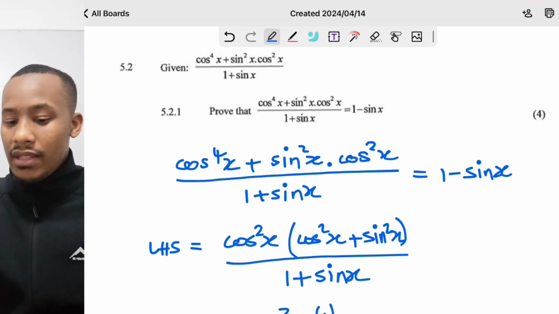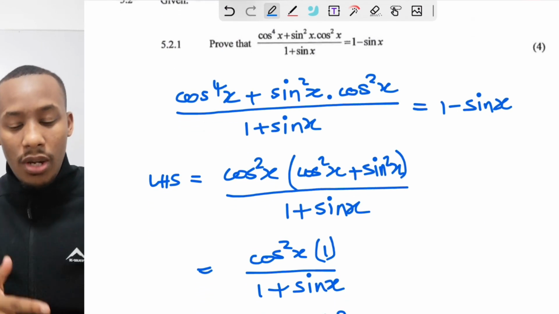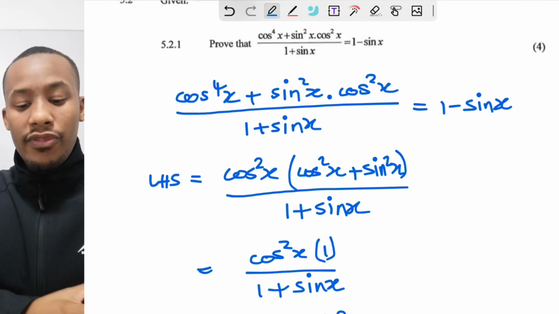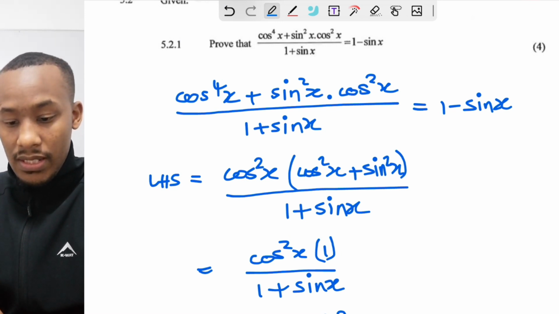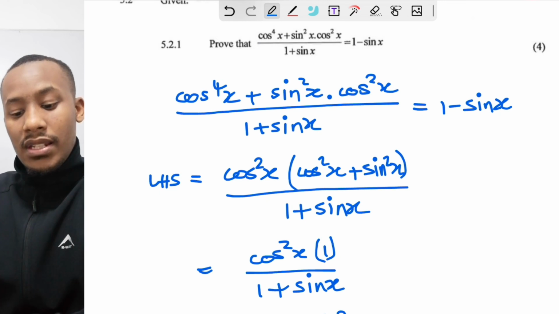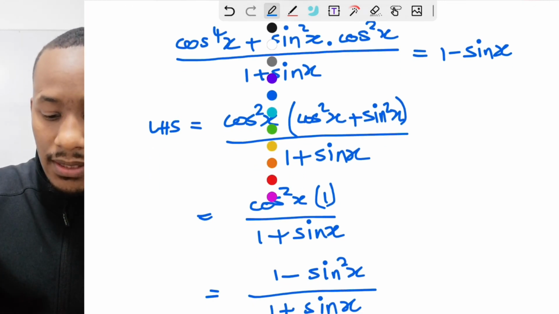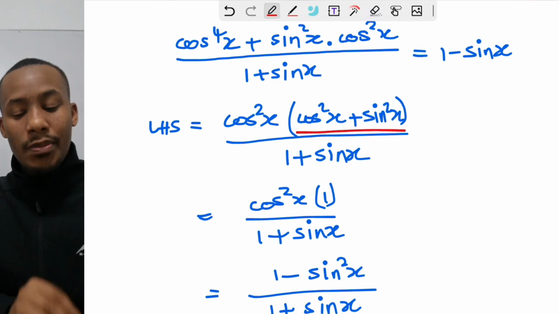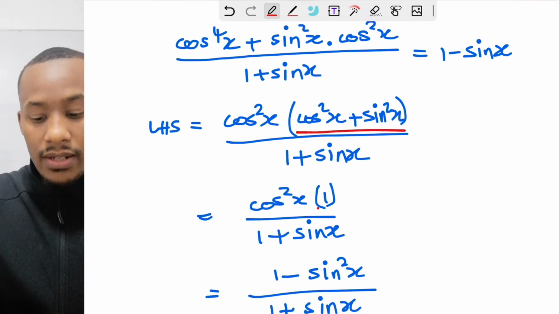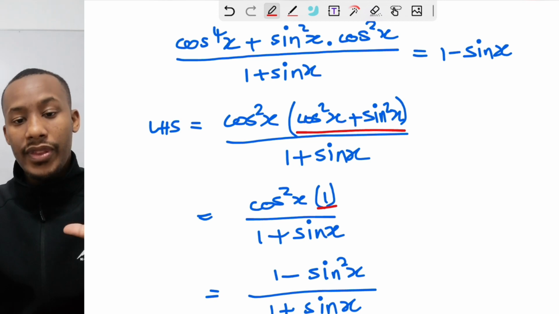Can I just quickly run through it again? We took out a common factor, cos to the power 4x plus sine squared x times cos squared x. Our common factor there was cos squared x. The identity for cos squared x plus sine squared x is 1. So you can see I just replaced that whole thing with 1.